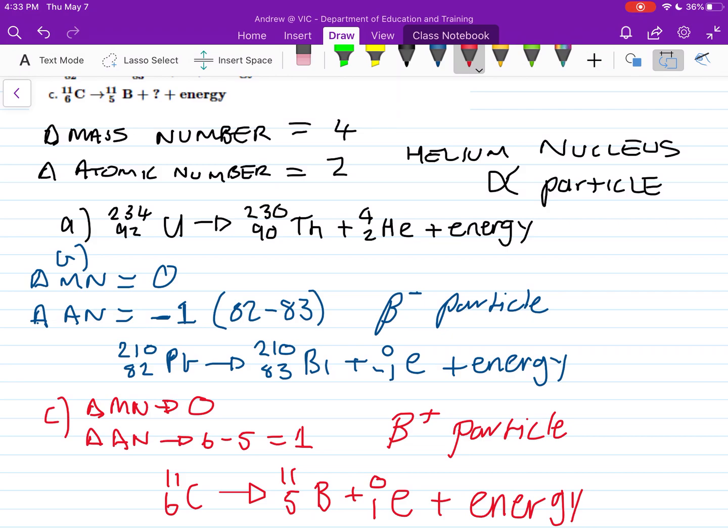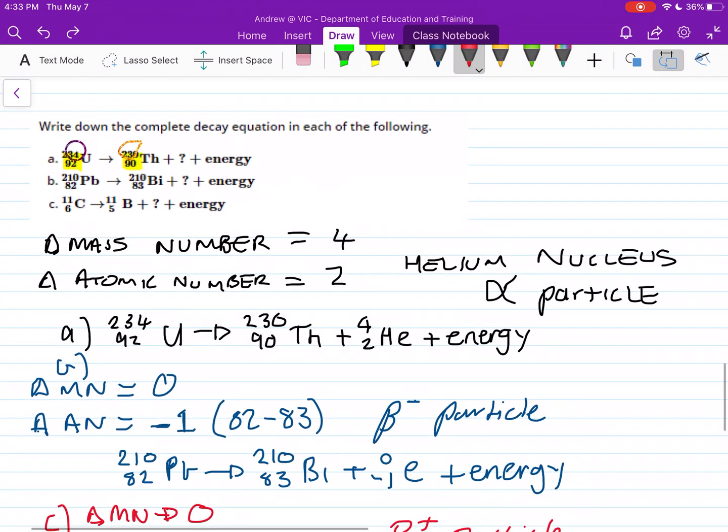Make sure you do what's on the left first. For the first one, for example, we did 234 take 230, and more importantly, the bottom one normally tells you what kind of decay it is.